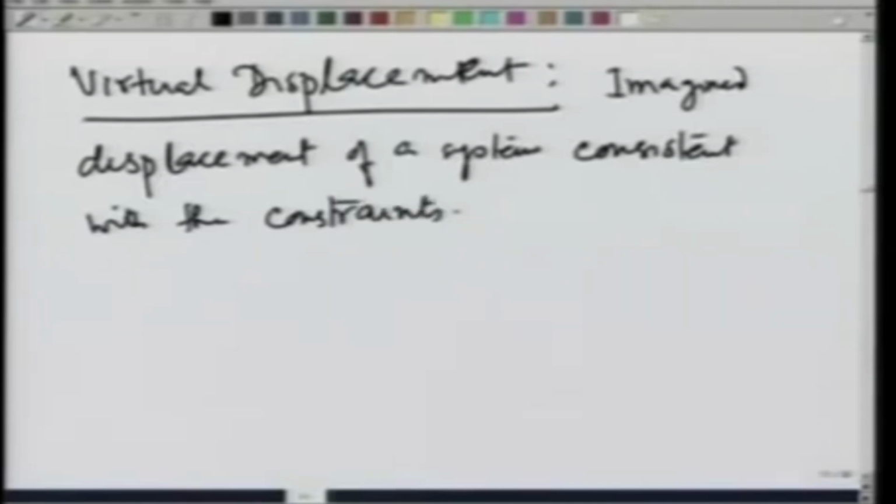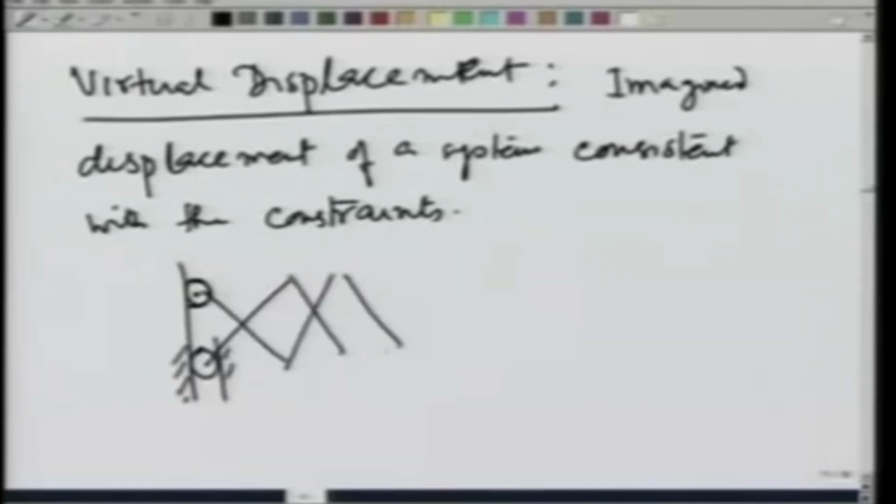I have already given you the example of the pendulum. This mechanism again, if I go back to it, the only way I can change its configuration is by changing this theta. So, if it is in equilibrium under this force F here and its own weight, the virtual displacement would be delta theta.